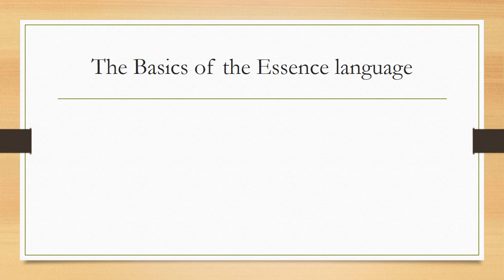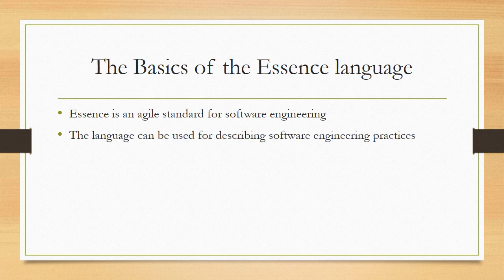Okay, let's get started. Essence itself is an agile standard that is used in software engineering for defining the things that are basically common with all software development projects. The language of Essence provides the means for describing a software engineering practice visually.